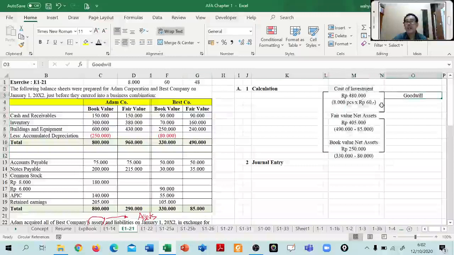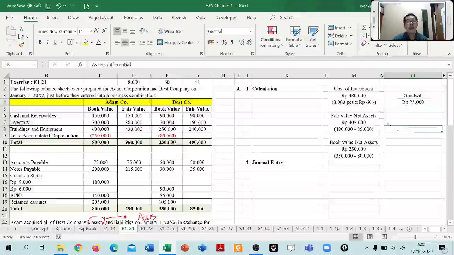After we make that calculation of the cost of investment diagram, we get the goodwill. What is the goodwill? Goodwill comes from the difference between cost of investment and fair value of net assets. So we get 75,000. And how much is the asset differential? It comes from fair value of net asset and book value of net asset.